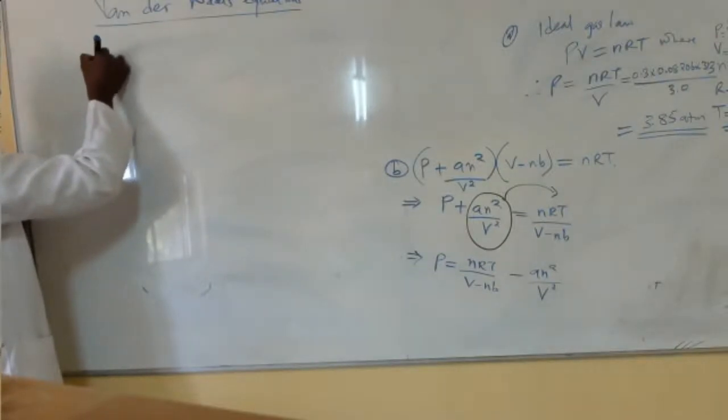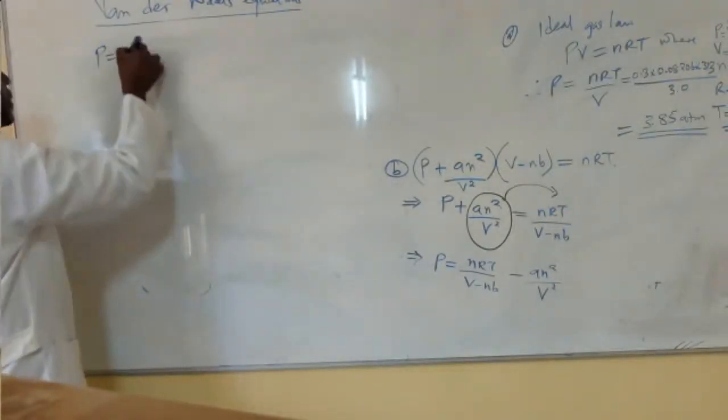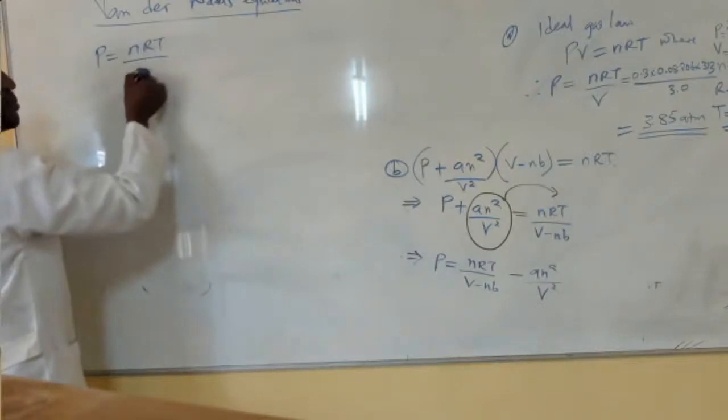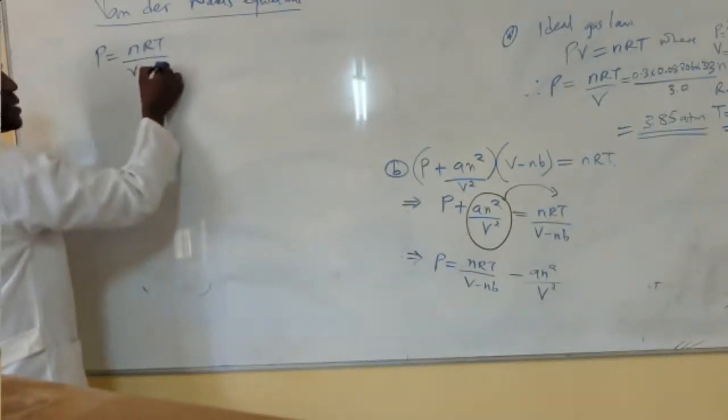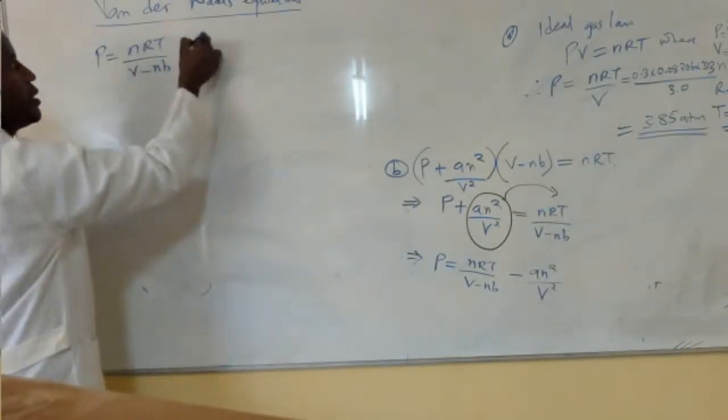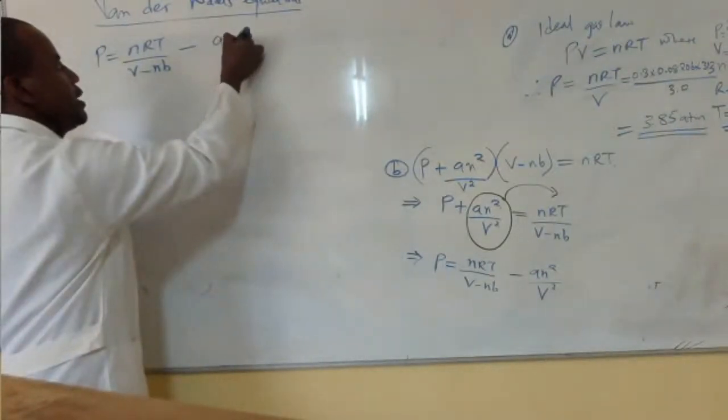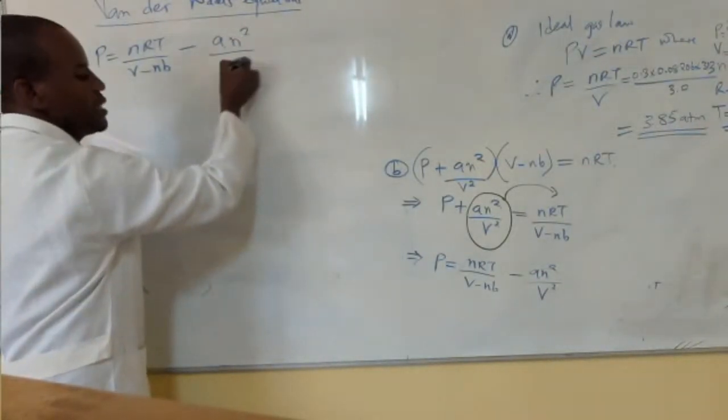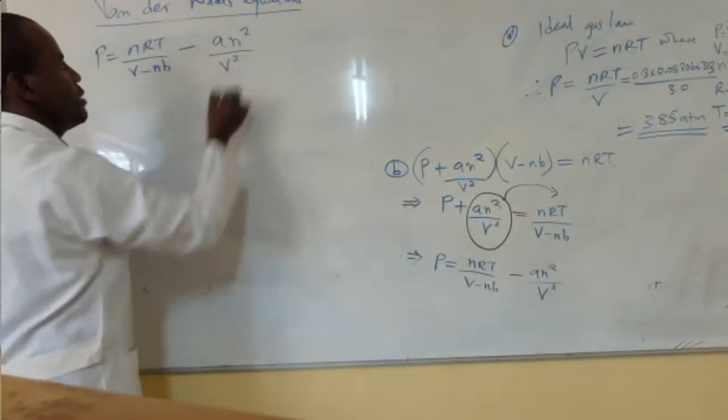So I'll just say P is equal to nRT divided by V minus nb, minus an squared divided by V squared.